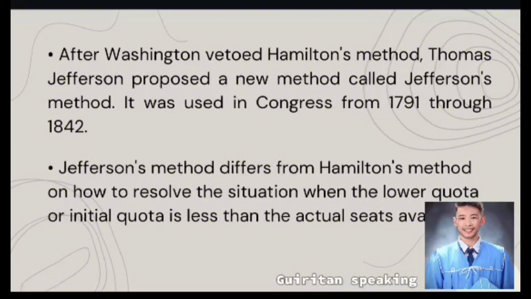To simplify that, the difference between Hamilton and Jefferson is actually quite simple. Hamilton's method is more specified and reliant on specific connotations. For example, to determine the apportionment of voters in Misamis Oriental with Hamilton's method, we need to count the number of municipalities and add the overall population.